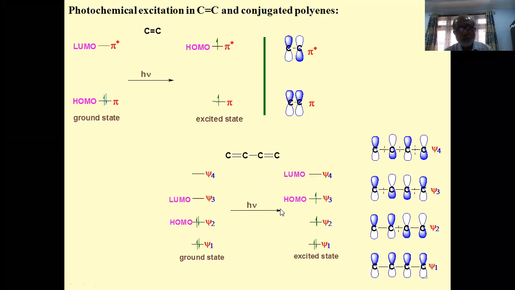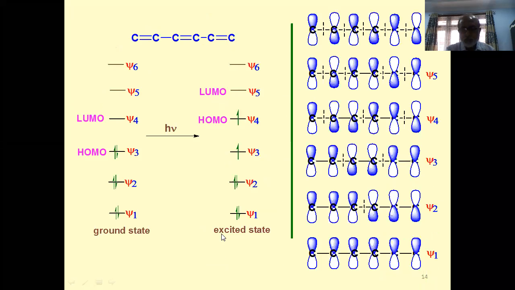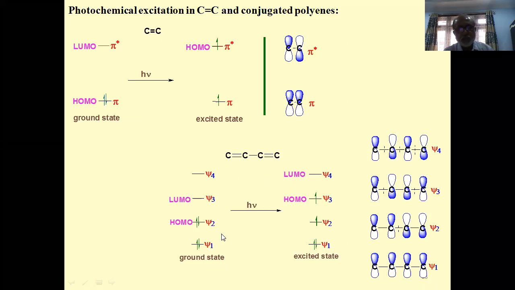Coming now to the conjugated system, in the ground state we have Psi1, Psi2, Psi3, Psi4, and Psi2 was the HOMO. But if you subject it to electromagnetic radiation, then this electron will jump to the next higher orbital, that is Psi3.